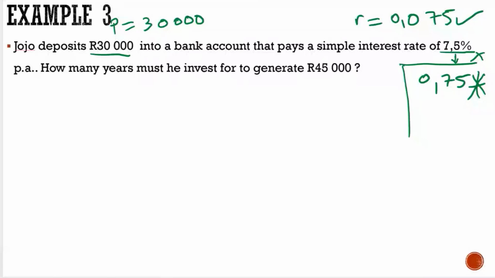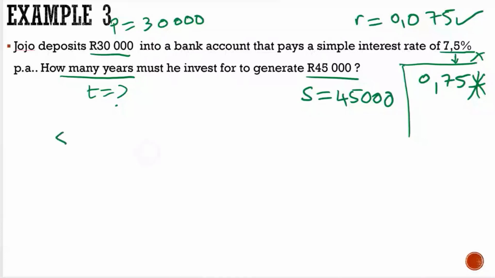So now you are asked how many years. You are asked to calculate the years he must invest to generate the simple interest. To generate is something that is going to happen in the future. So now this becomes our future value, which is our S, which is 45,000. Because this is simple interest, you just pull out the simple interest formula.